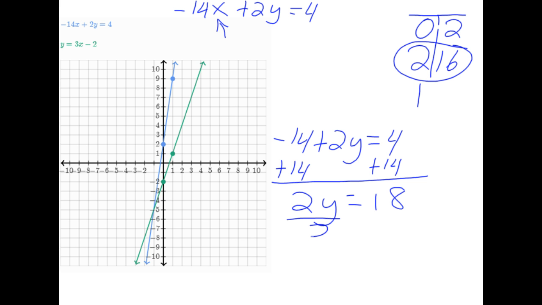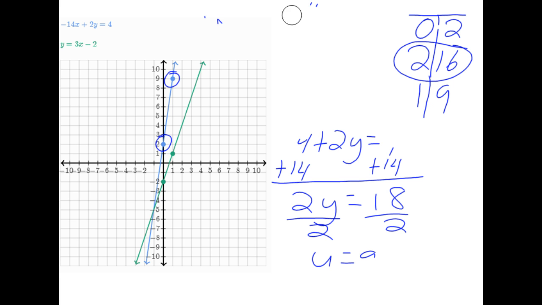And then divide by 2, y equals 9. So at 1, I get 9. So I have my ordered pair 0, 2 and 1, 9. Once you graph them, you then go to your green equation.